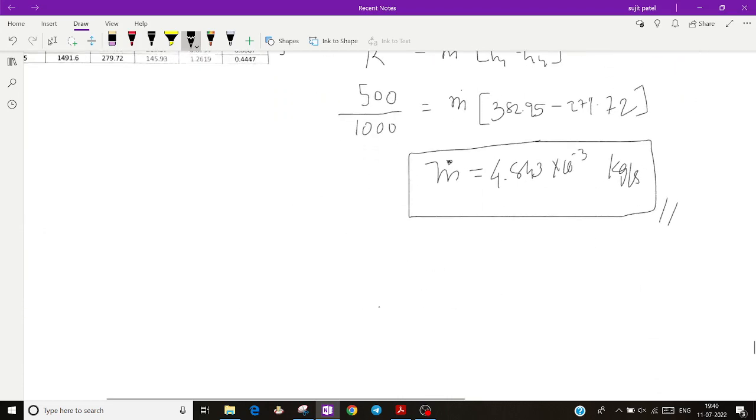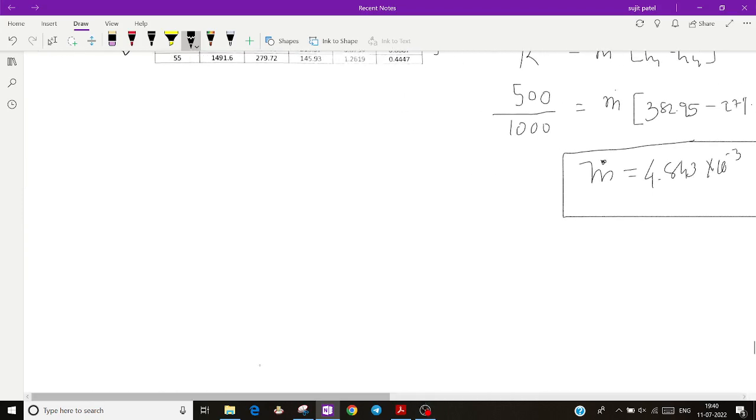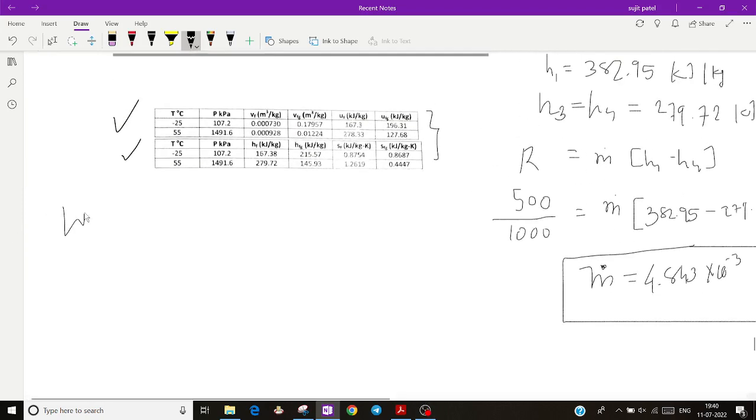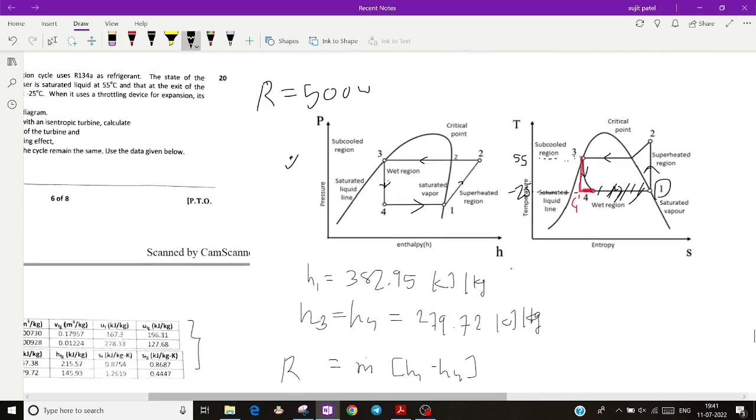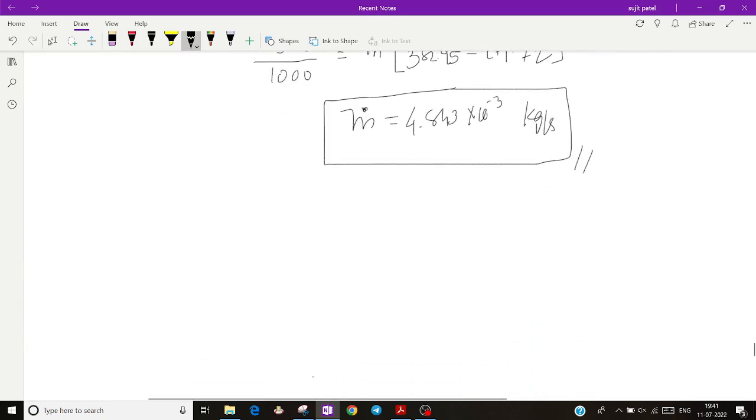So the turbine work W turbine is given by m dot into H3 minus H4 dash. This is the isentropic work. I am showing it on the TS diagram, this vertical line, showing the turbine work output.